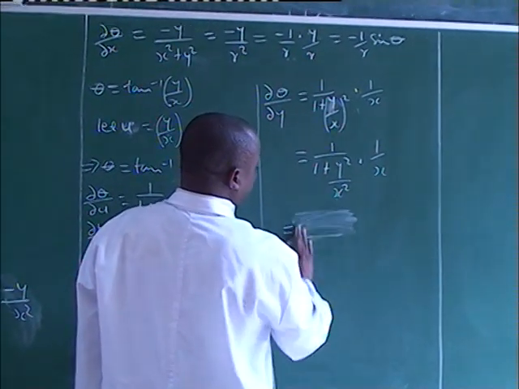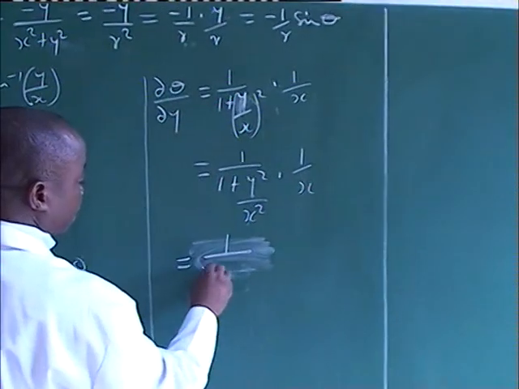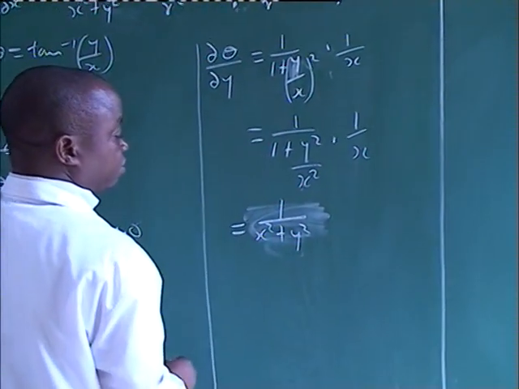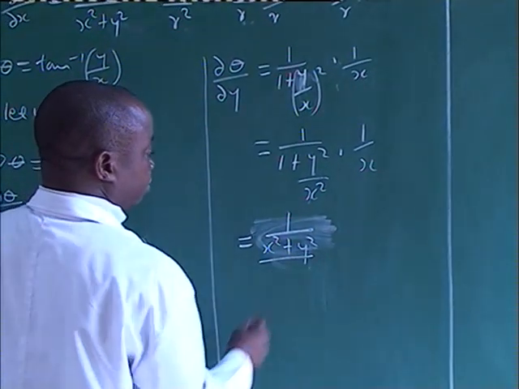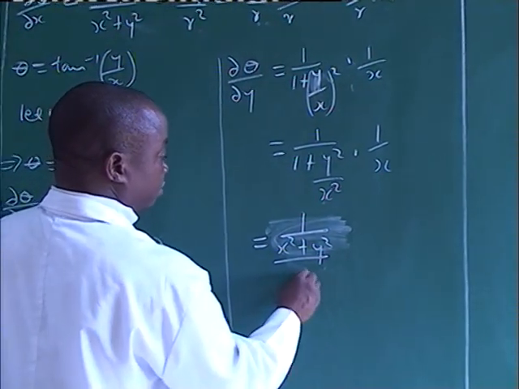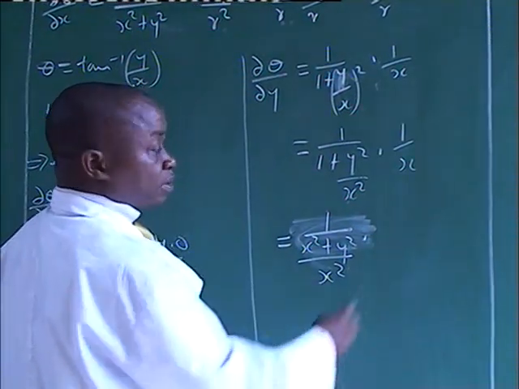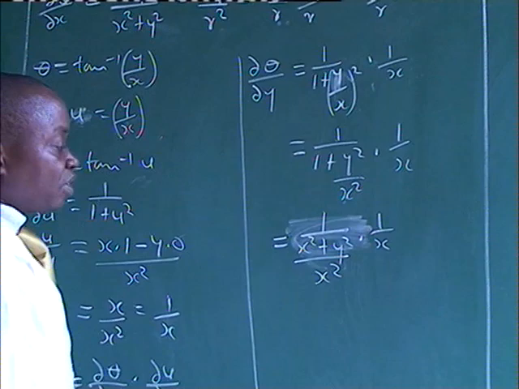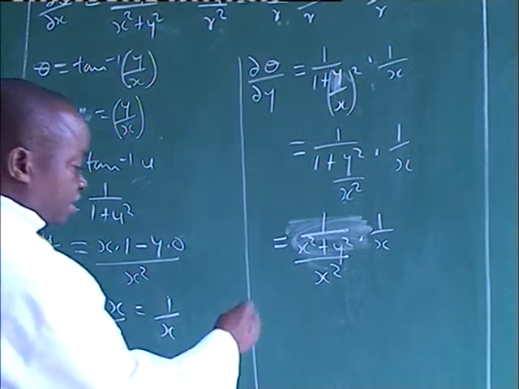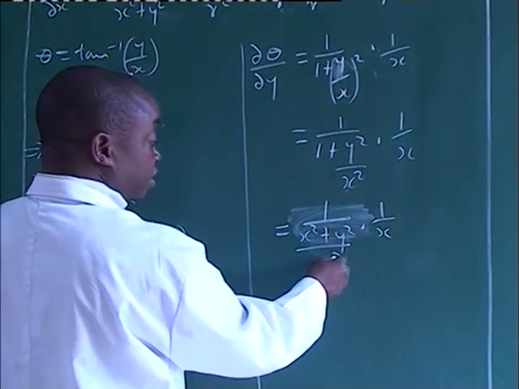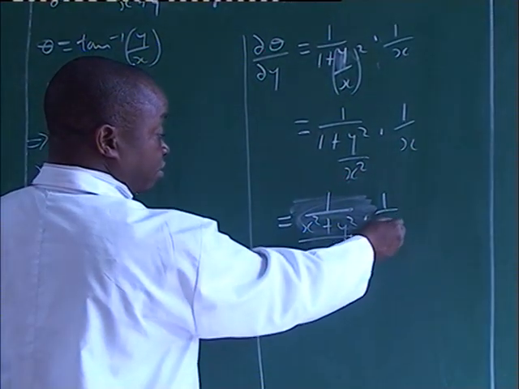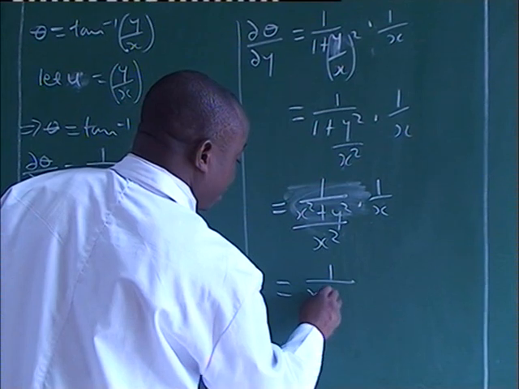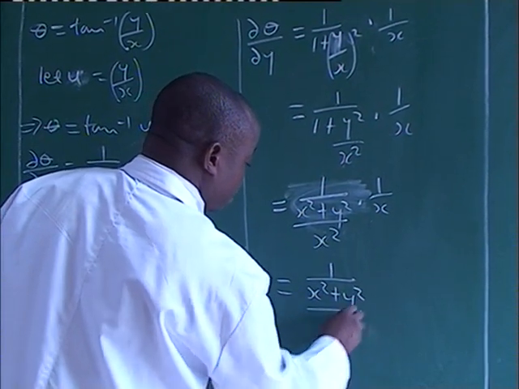But we have 1 all over x squared plus y squared over x squared times 1 all over x times 1 over x. Now this can cancel 1 here, so what I have here is 1 over x squared plus y squared over x.